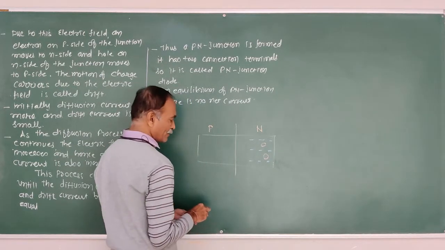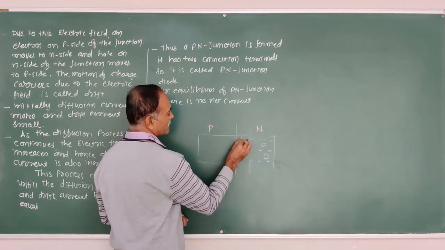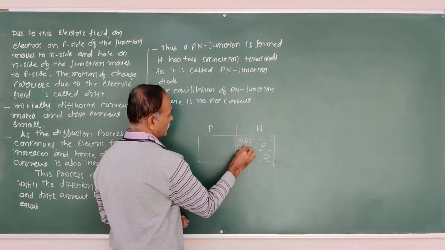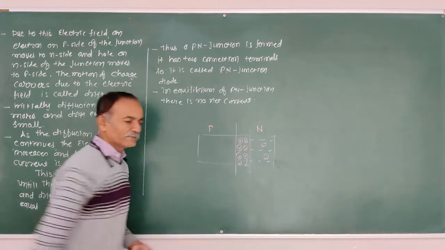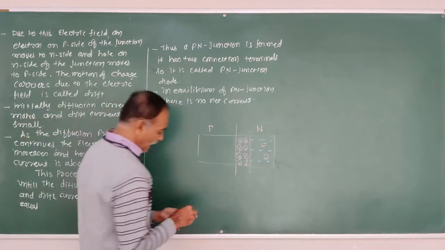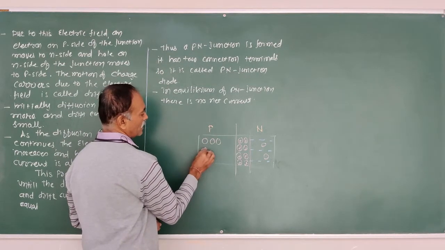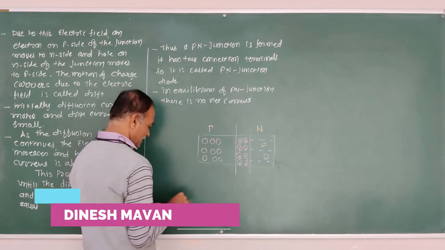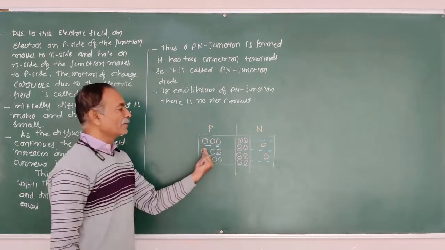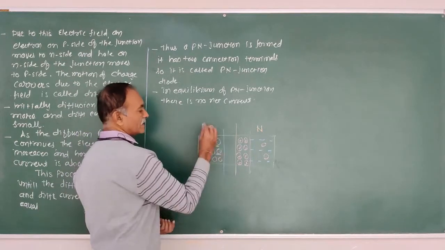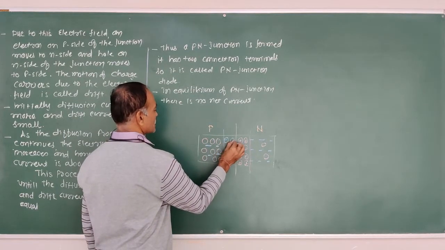During the diffusion process, inside the junction, positive charges are developed due to the diffusion of electrons from N to P. Now in P-type semiconductor, majority charge carriers are holes, minority charge carriers are electrons. And due to the diffusion of holes from P to N, near the junction in the P region, ionized negative charges are developed.